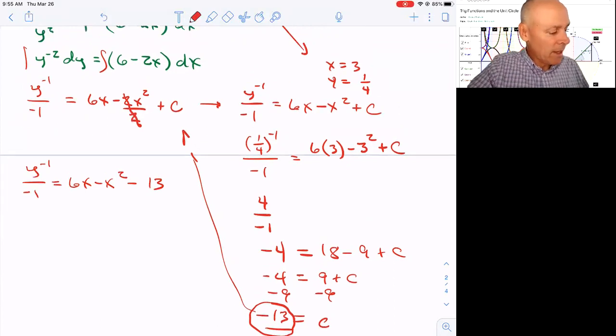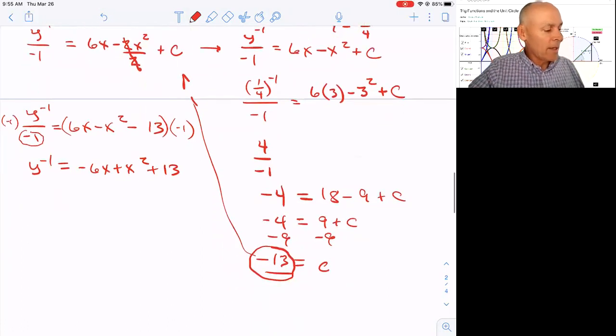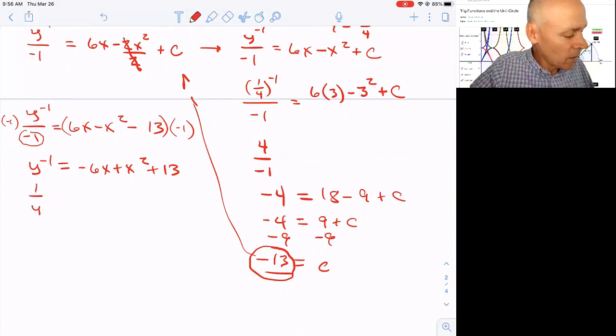First, I'm going to take care of this -1 in the denominator by multiplying both sides of my equation by -1. I'm just flipping the signs on the right side, so I get y to the -1st is equal to -6x plus x squared plus 13.